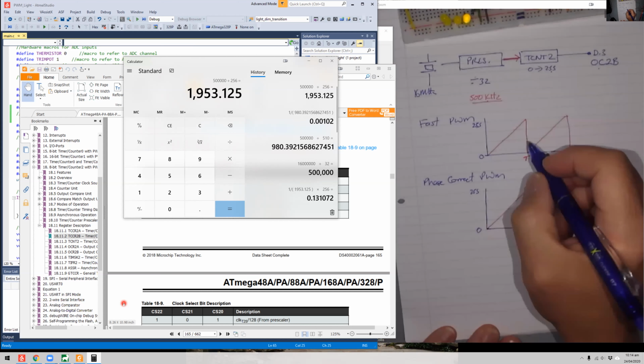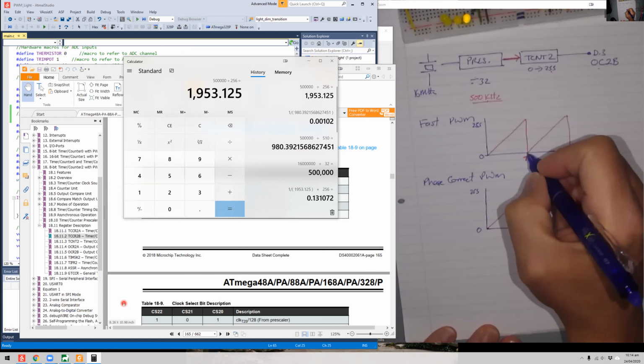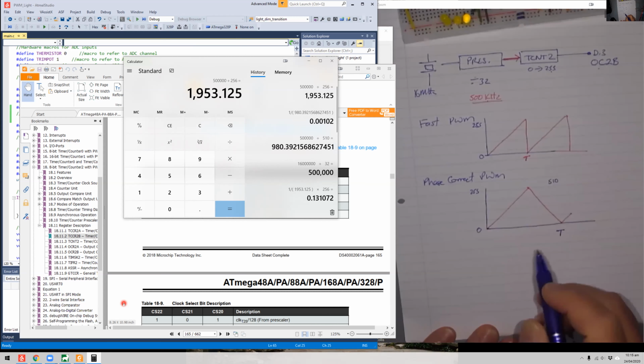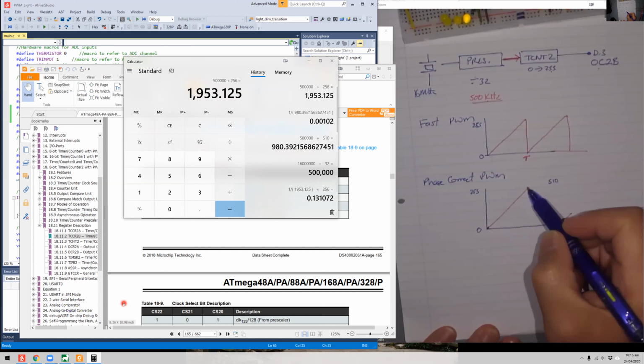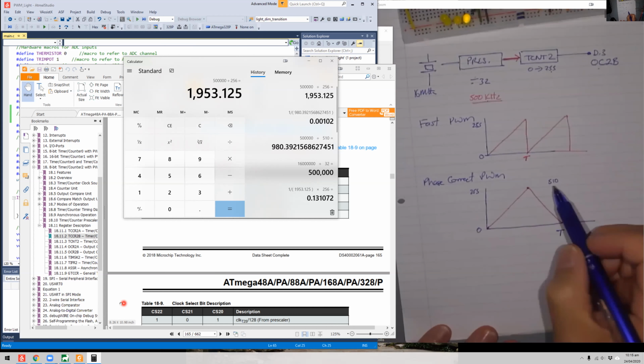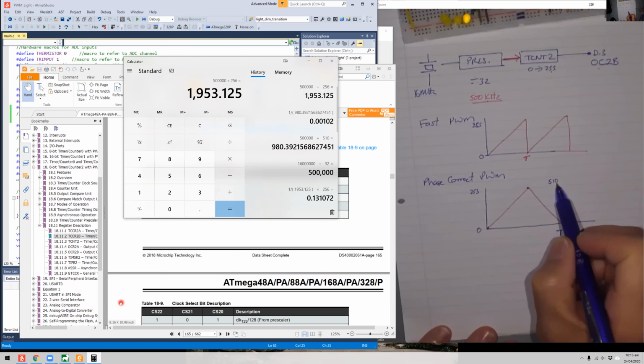This is a count of 256, but this is actually a count of 510, because it goes from 0 to 255 and then back down to 0 and then back up. There's no overflow to get the extra count, which we would think there might be, but there's not. So it's just 510, it's not 512.